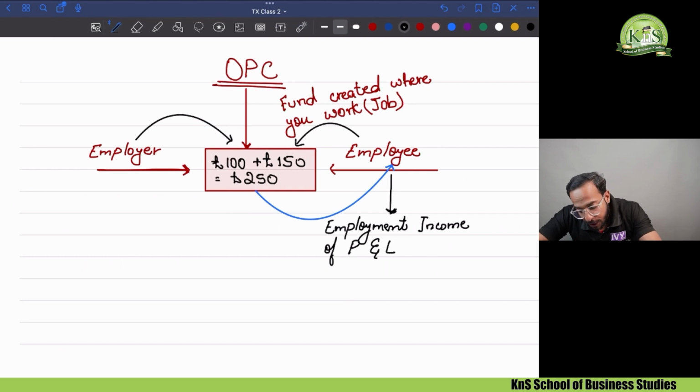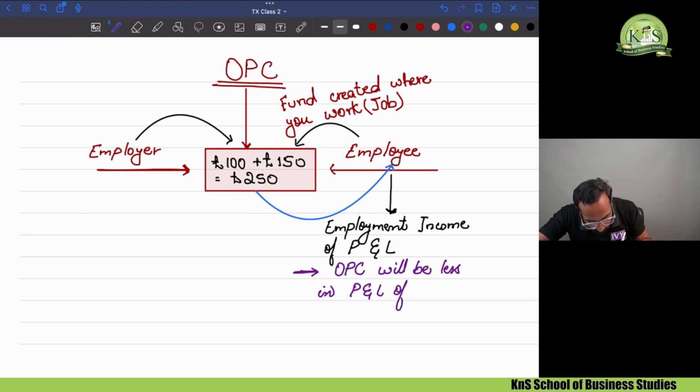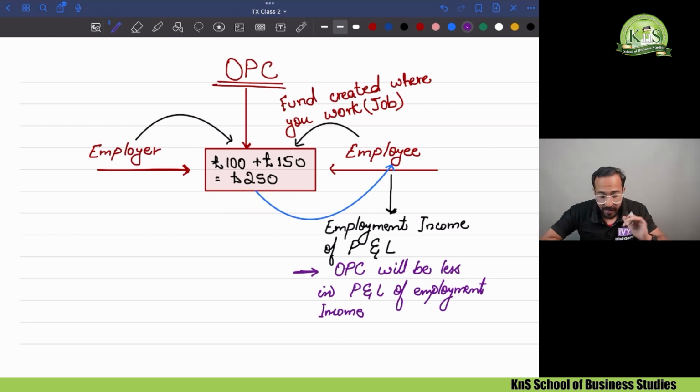The contribution which is contributed by the employee in OPC, occupational pension contribution, will be deducted in the P&L of employment income, right?